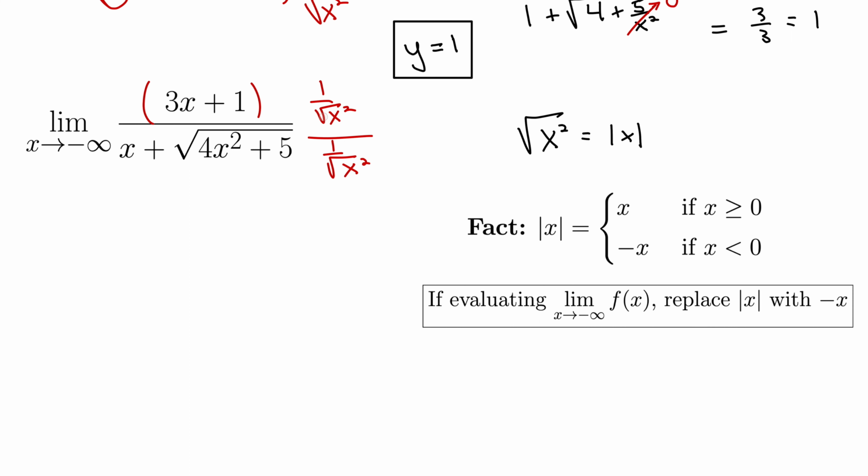Okay, so what does that do for us here? So here I'm going to replace square root of x squared up top with negative x for that same reasoning. In the denominator, I'm going to distribute this square root of x squared through to these two different terms. And when we're just dividing x, I'm going to write it as the absolute value of x, which will become negative x because we're taking negative infinity.